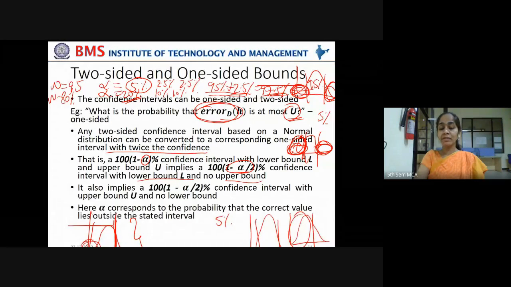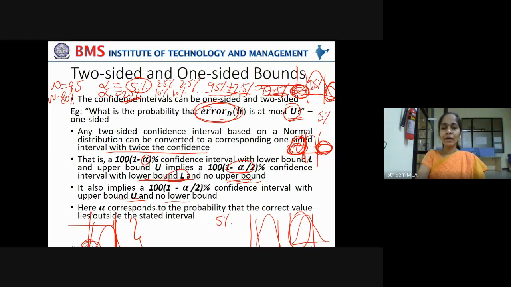A 100 into 1 minus alpha by 2 percent confidence interval with lower bound and no upper bound also implies a 100 into 1 minus alpha by 2 confidence interval with upper bound and no lower bound, vice versa. If you're taking only one tail, if you're not interested in both the tails, then it will be 1 minus alpha by 2 instead of 1 minus alpha. Got it?